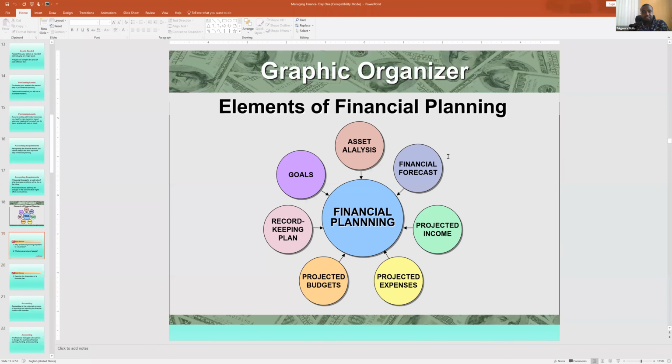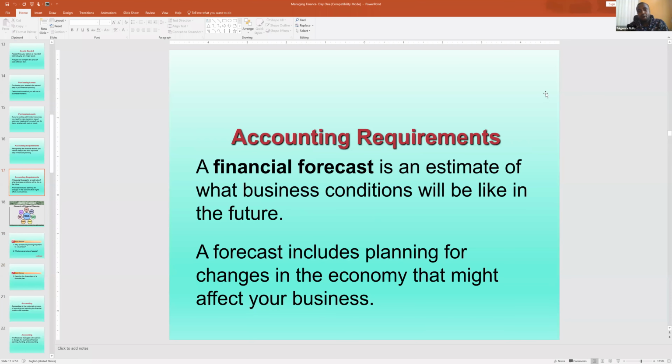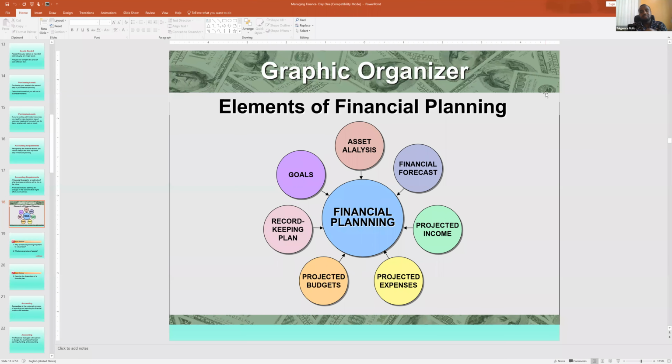So I'd like to emphasize this. If you remember on our last lesson, these are the stages which I'd like to emphasize before we do our practical example. I asked you to at least come up with 3 goals. The most important thing in your financial planning is goals. So you're supposed to set up your goals, and the goals are the ones which at the end we're supposed to achieve.